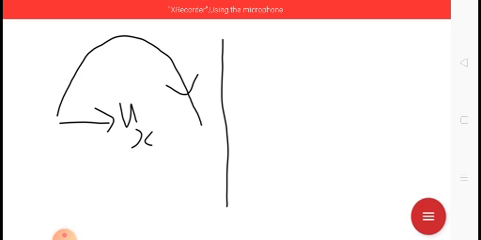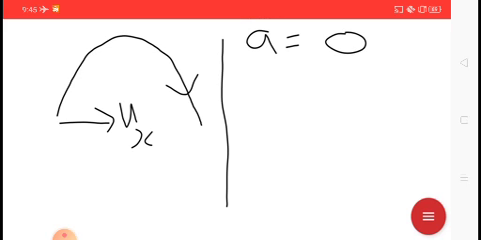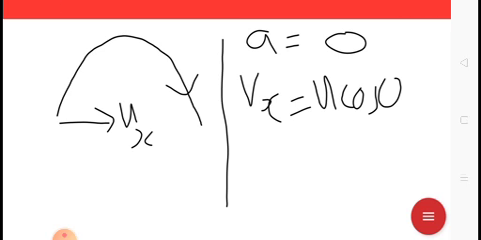So the acceleration for the horizontal component is 0, ax is 0. When a is 0, this is a constant, with no factors that affect the velocity. So for the horizontal component, vx is equal to u cos theta all the way. The velocity won't change for the horizontal component.